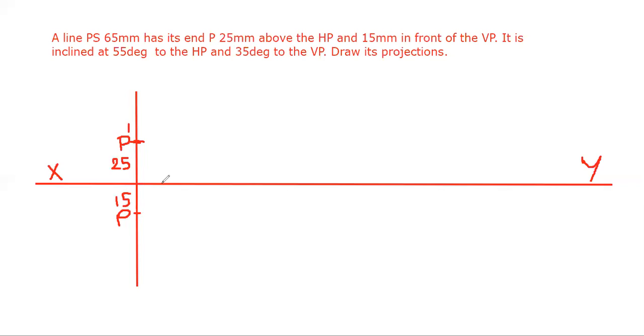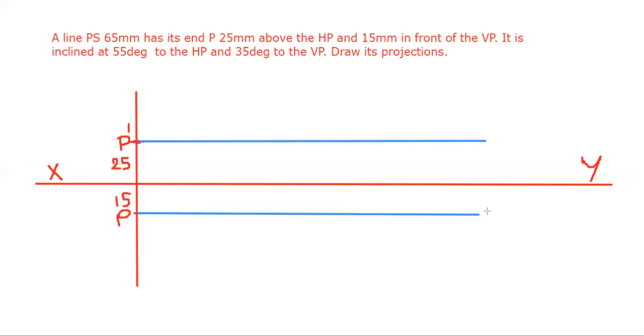Now your second step is to draw a horizontal line through point P dash and P. Draw a horizontal line through point P dash as well as through point P. After that, at a certain angle, which angle is given in the problem?